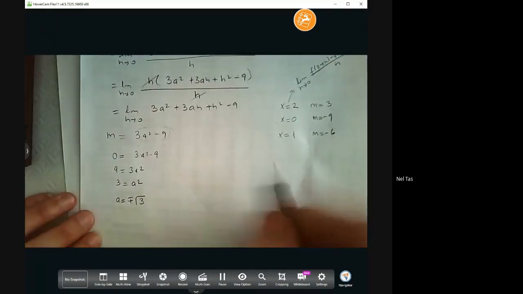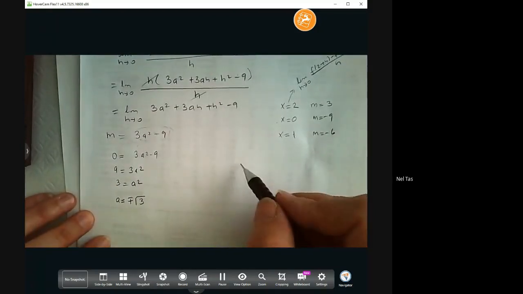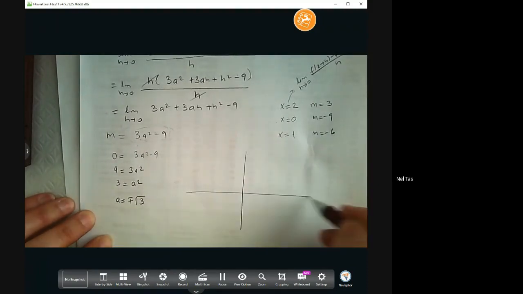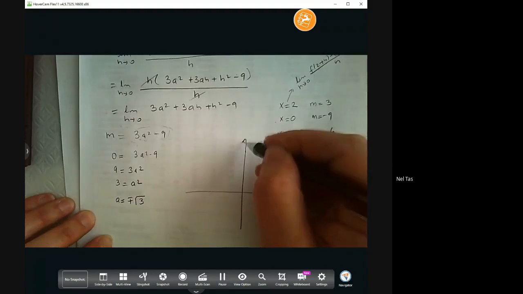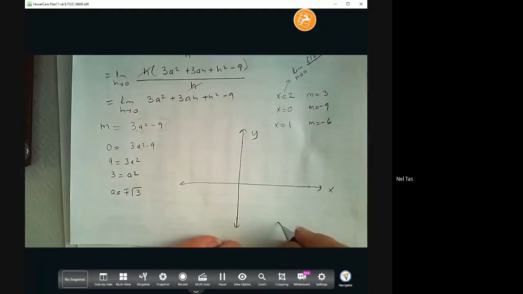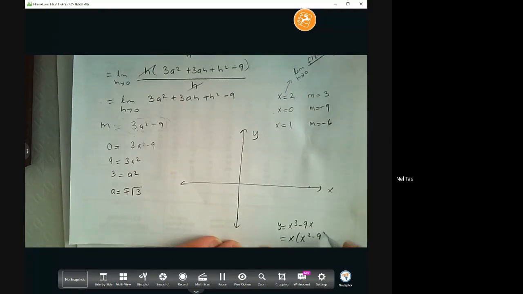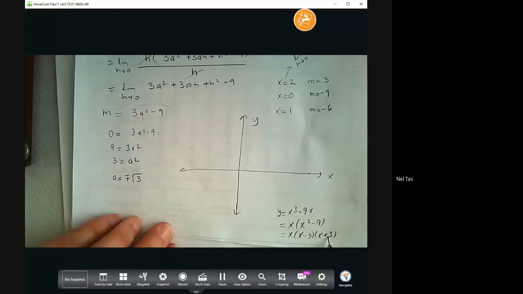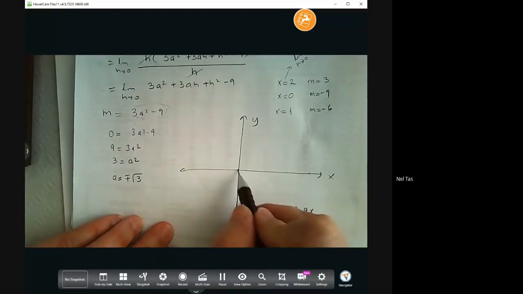if we sketch this, the original function is y equals x cubed minus 9x. So if you factor x, you get x squared minus 9, and then x minus 3, x plus 3. You can factor this. So now you see the x-intercepts of this original function.